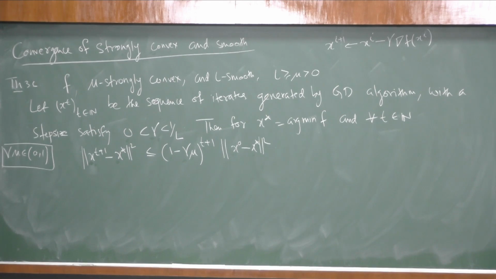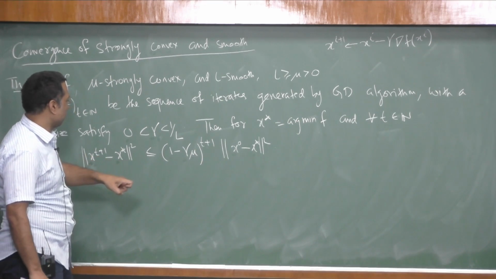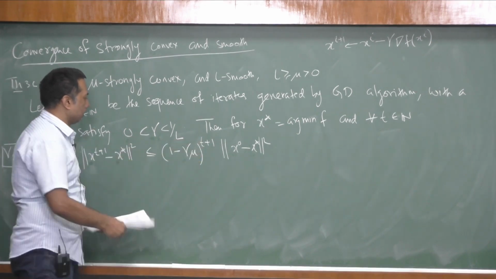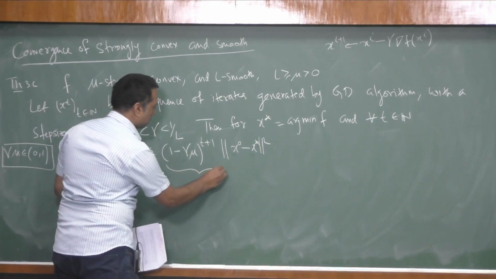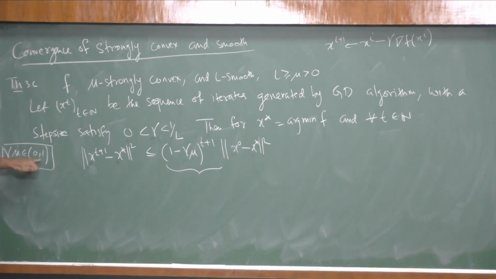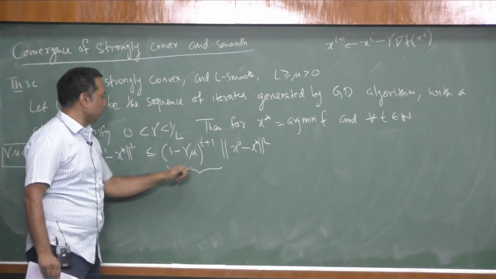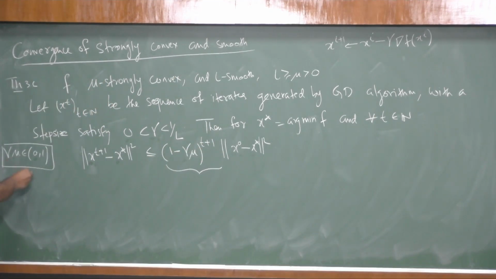So when we look at convergence analysis, the amount of contraction, I call it contraction because it's something between 0 and 1, decreases the error by a certain factor. Let us say gamma mu is like 0.1, so basically 1 by 10.